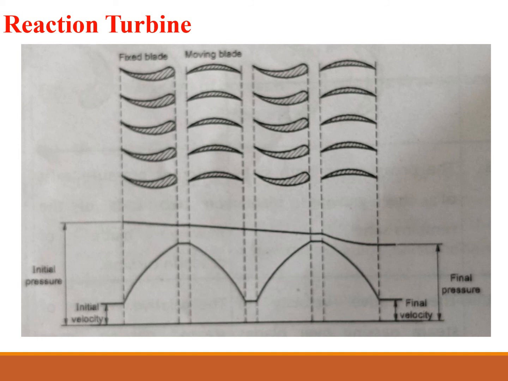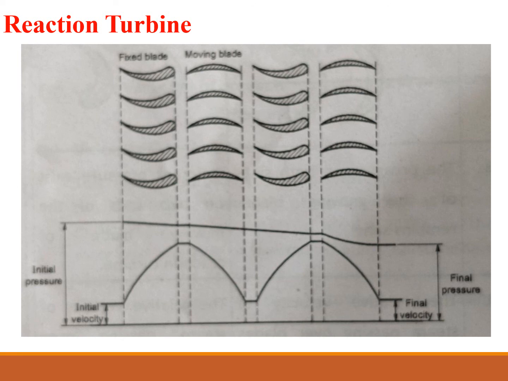In pure reaction turbine, the drop of pressure with expansion and generation of kinetic energy take place in the moving blade. The steam jet leaves the moving blade at greater velocity than it enters these blades because of the aerofoil shapes of blades, and this greater velocity reacts on the blades and turns them round.